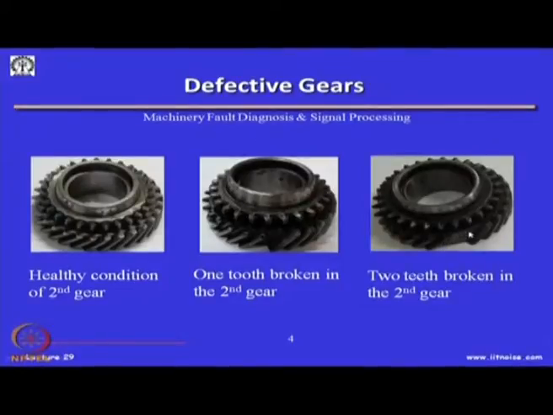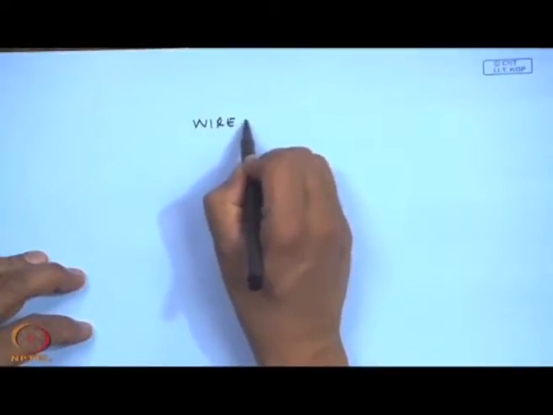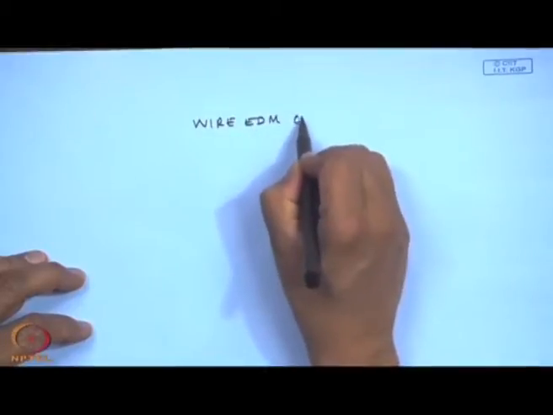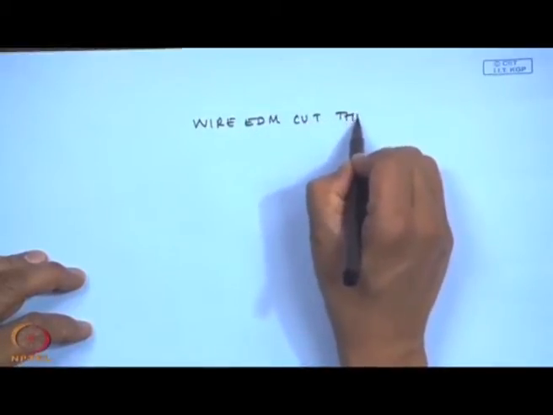So, this is where we have removed 2 teeth, because we are trying to do some experiments on vibrations of the gearboxes because of such defects. So, we had to do that, and of course, they are so hard that we had to use wire EDM to cut the gear tooth.